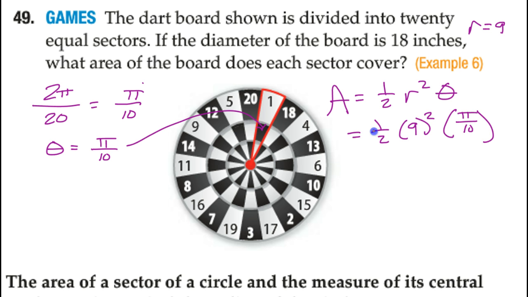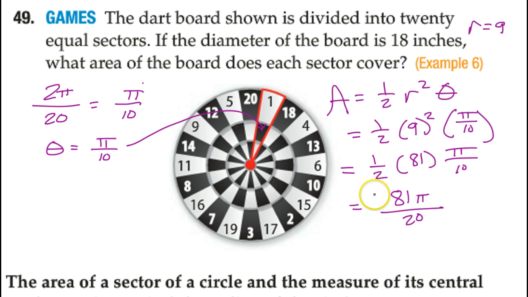Now one more time, if they did ask us for an exact answer, we could find it. 9 squared is 81. So this would be 81 pi, 2 times 10 is 20, 81 pi over 20. So this would be an exact answer. Don't forget the units: square inches.